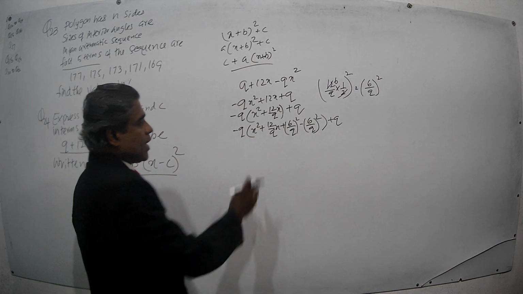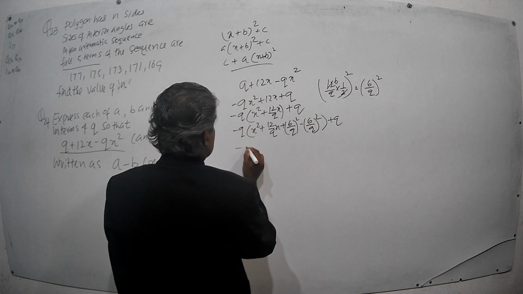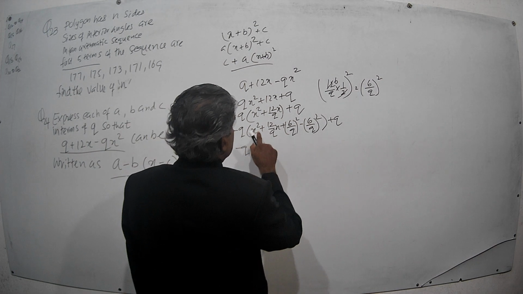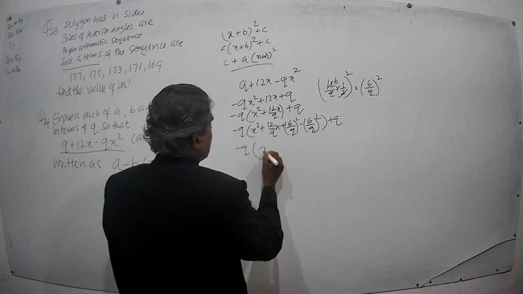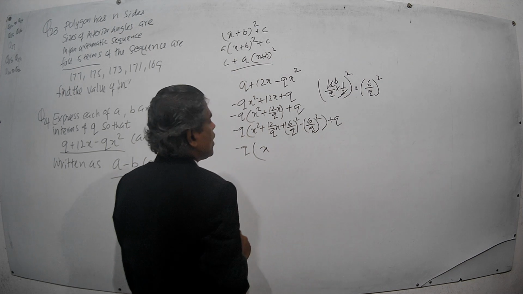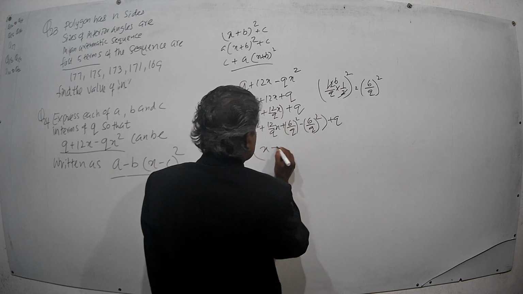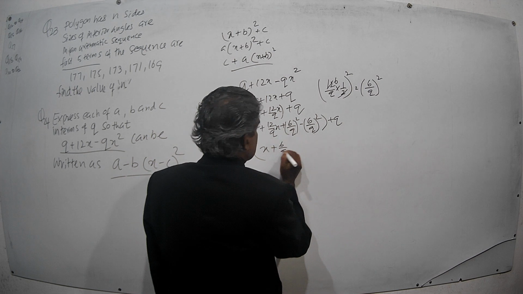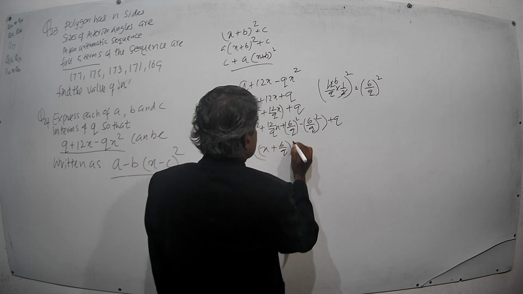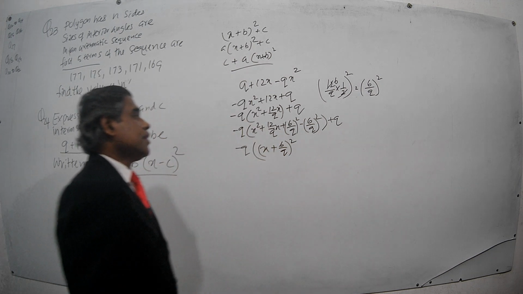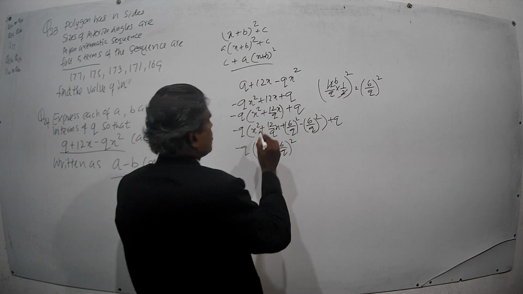Now this part we can write in factorized form: x from x squared, and another 6 over q, so it is x plus 6 over q, squared. That is this whole part.